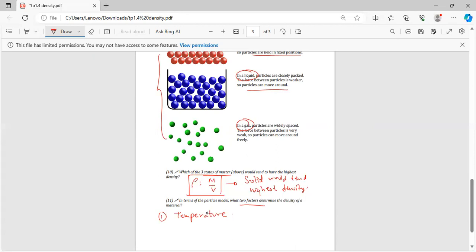We can try to change the temperature and change the state from solid into liquid into gas, right, by increasing the temperature.